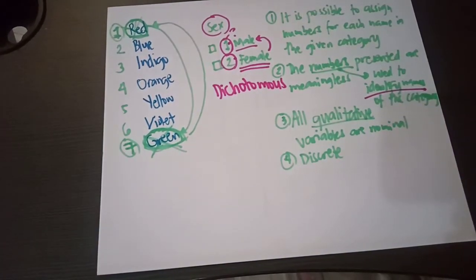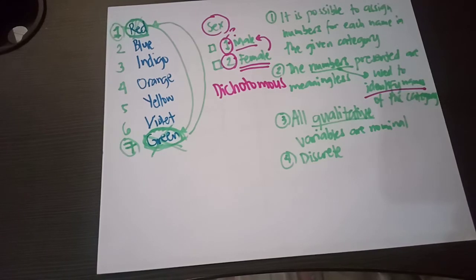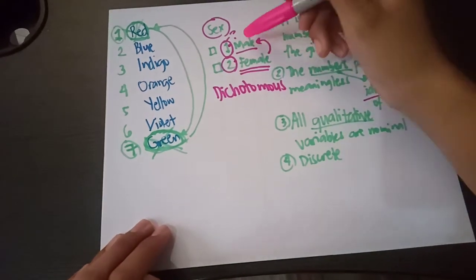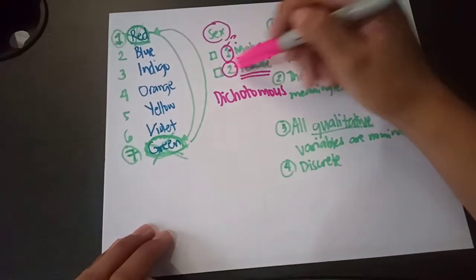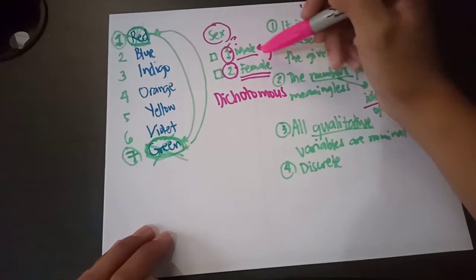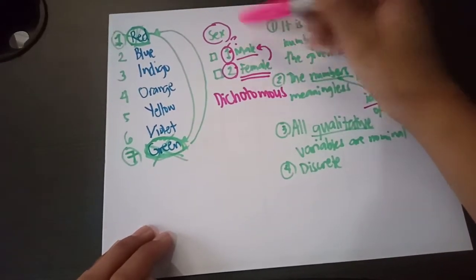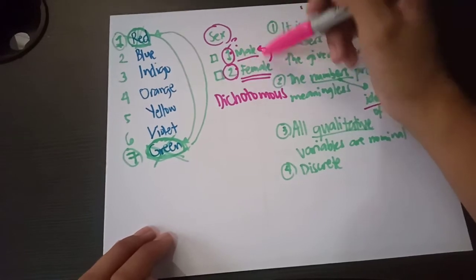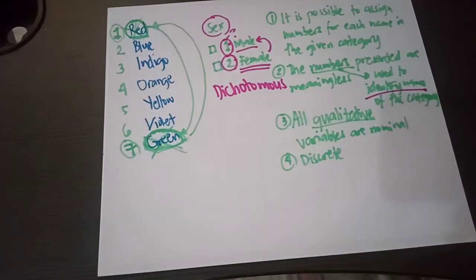Dichotomous nominal variables are those variables under the nominal scale that only consist of 2 categories, or 2 possible values. In this example, we have sex and only 2 possible values, male and female.